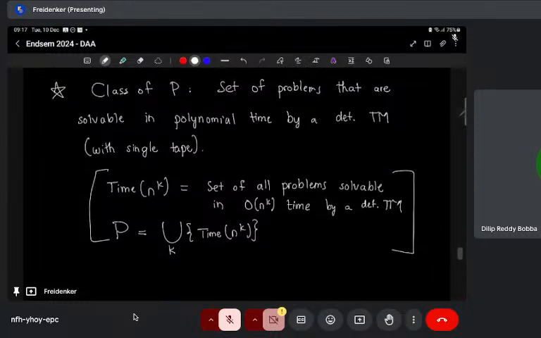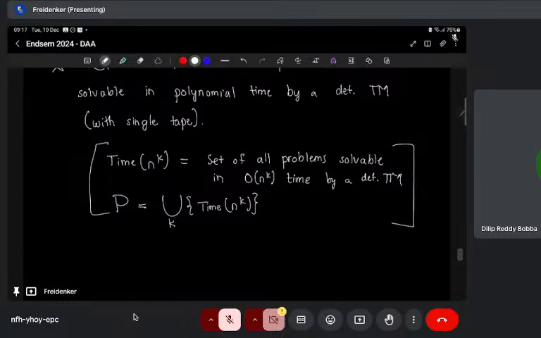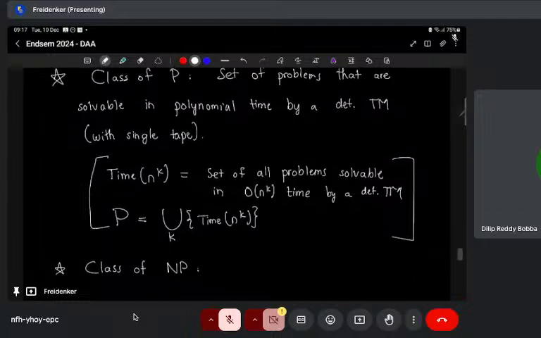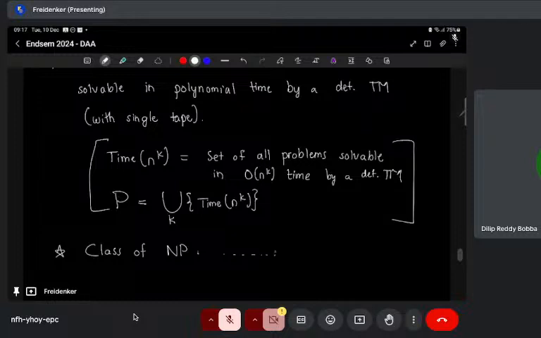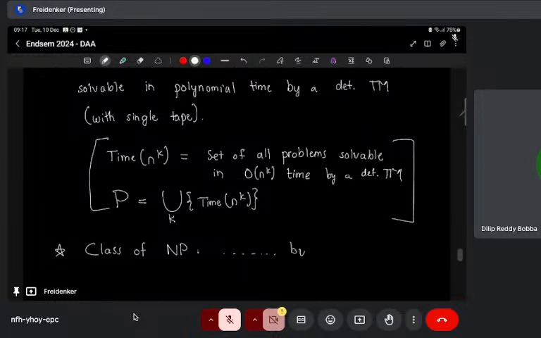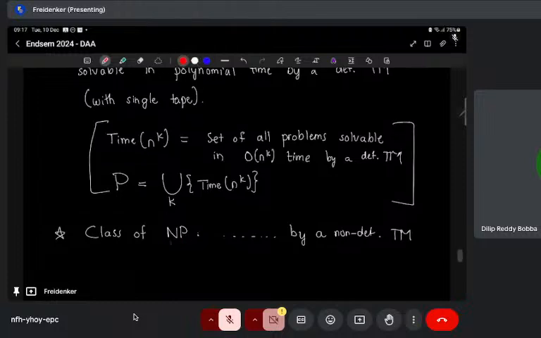Nice. There is something called class of NP as well. Everything is the same as class of P, but the problems are solved by a non-deterministic Turing machine. The N in NP comes from non-deterministic.